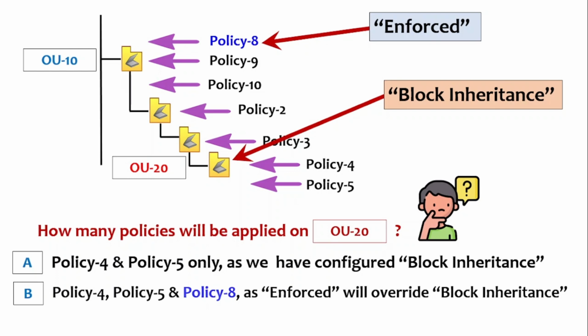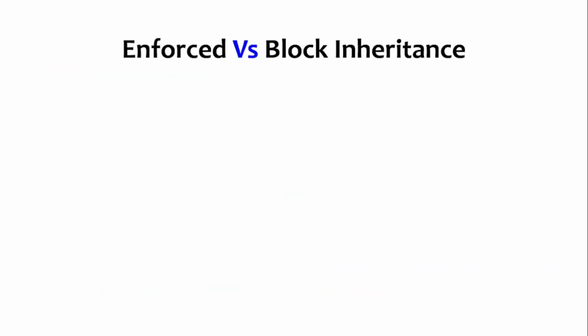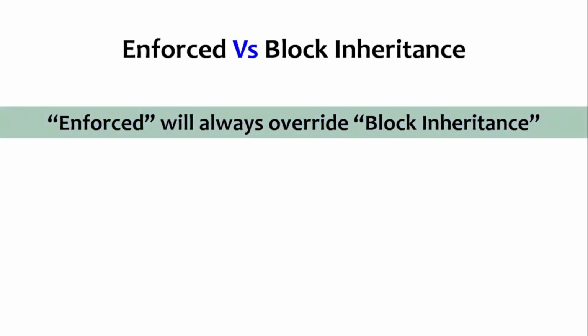So the correct answer is answer B: policy 4, 5 and policy 8, as enforced will override block inheritance. Remember one thing, if there is a conflict between enforced and block inheritance, enforced will always override block inheritance.